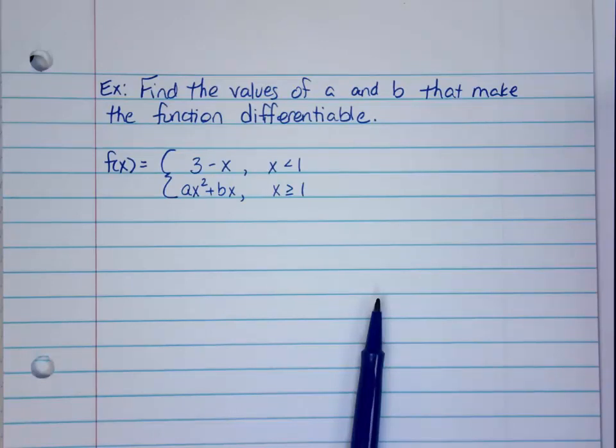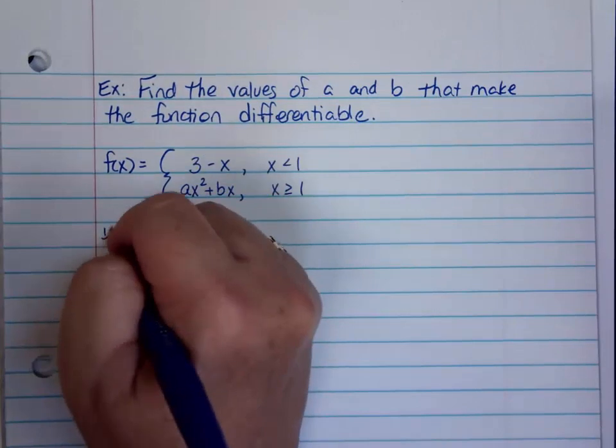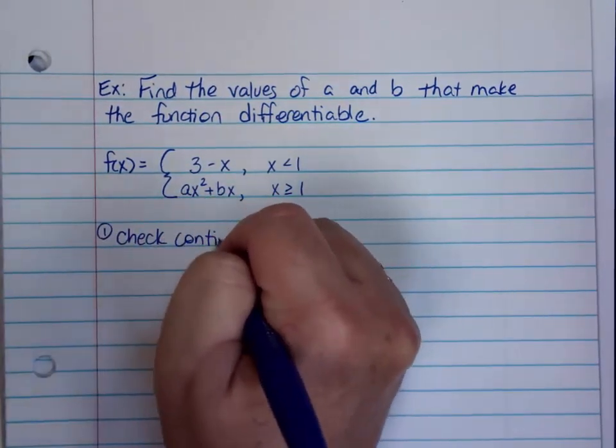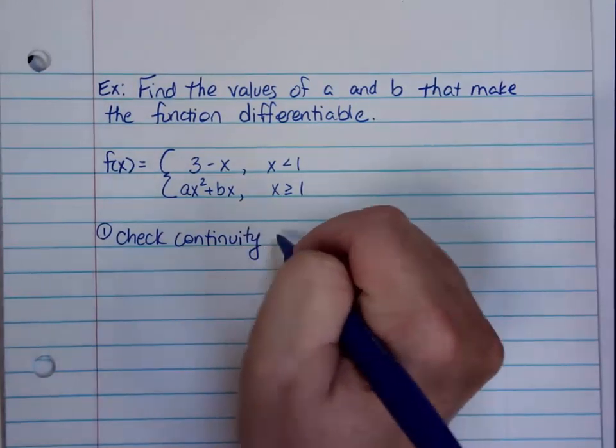Okay? So we are going to eventually have to take the derivative, but I'm just going to drill this in your head to make sure you get it. In order to be differentiable, it has to first be continuous. So we have to test the continuity first. So step 1, check the continuity. We're going to do it pretty similar to the last problem, except we're going to have some unknowns in here.